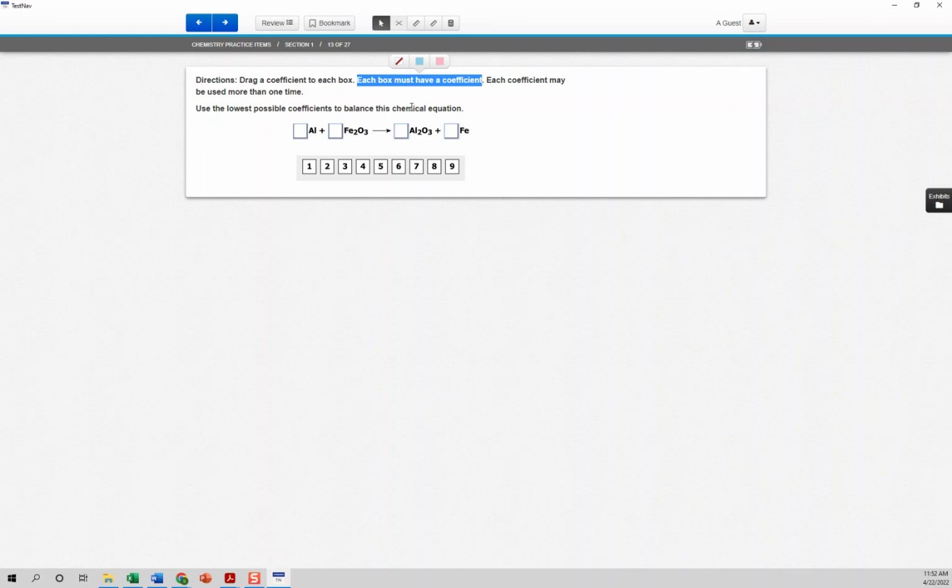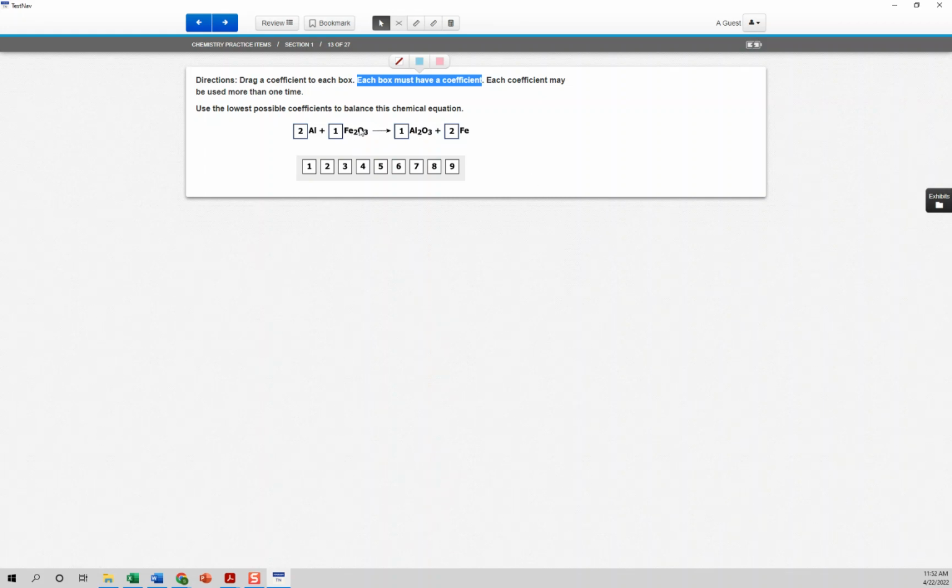So I have one aluminum, two aluminums, so I'll put a two here. Two irons, one iron, I'll come over here and put a two. Three oxygens, so everything's balanced, but I need to make sure I put my ones where they need to be. All right, there you go.